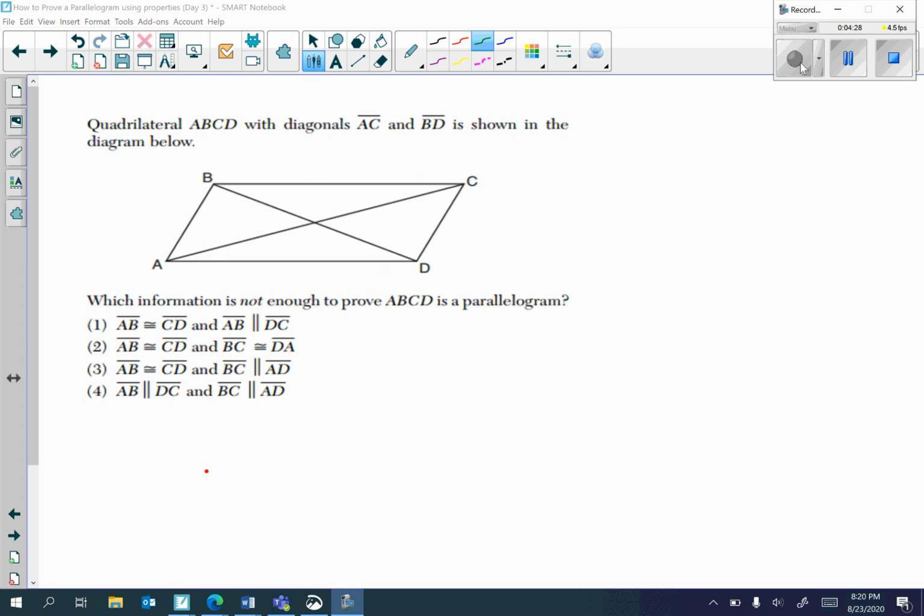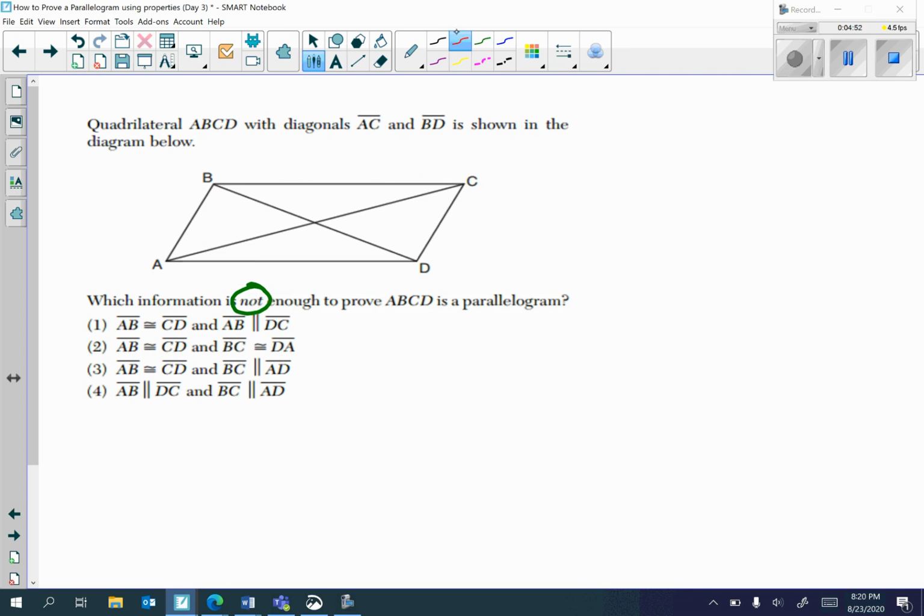Let's take a look at this multiple choice question. Quadrilateral ABCD with diagonals AC and BD is shown in the diagram below. Which information is not enough to prove ABCD is a parallelogram? So I want to circle the word not because that is key to this question. I'm looking for the multiple choice answer that does not work. So let's do process of elimination.